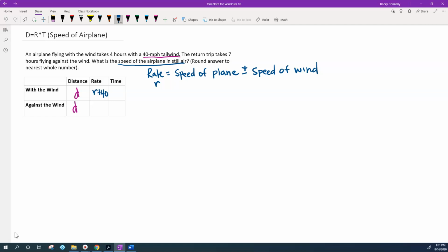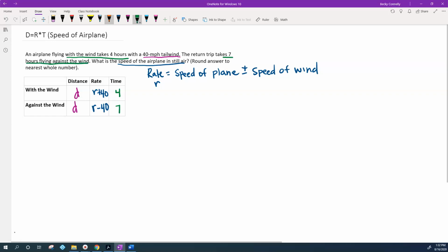And then against the wind, that's slowing you down, so the rate of the plane minus the speed of the wind. So R minus 40 on that. And then the time is given to us in here. So it says with the wind takes 4 hours, and against the wind is going to take 7 hours.